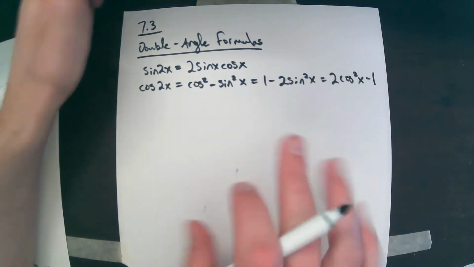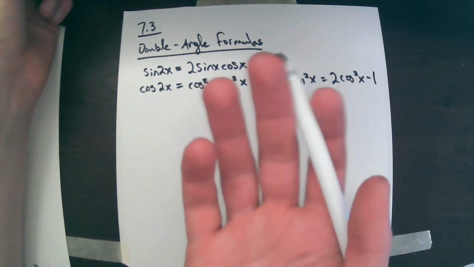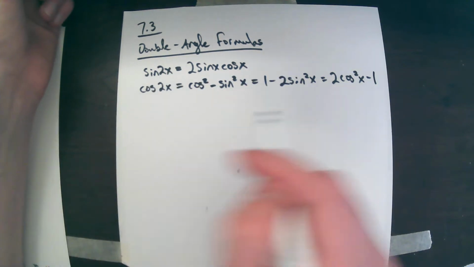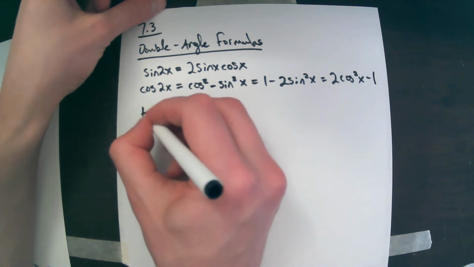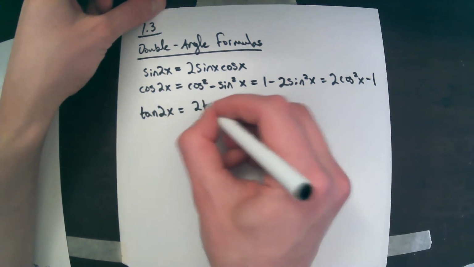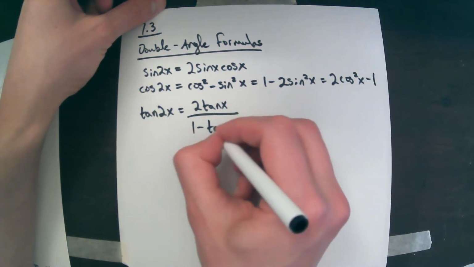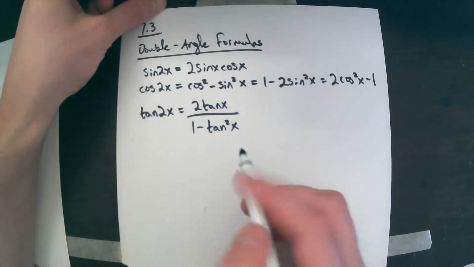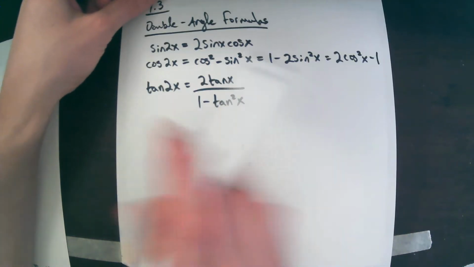These are all coming straight from the sum formulas from last time, because we can write 2x as x plus x, and I'll show you at least one of those. I'm not going to prove every single one because they all kind of go the same way. And then tangent 2x is 2 tangent x over 1 minus tangent squared x.